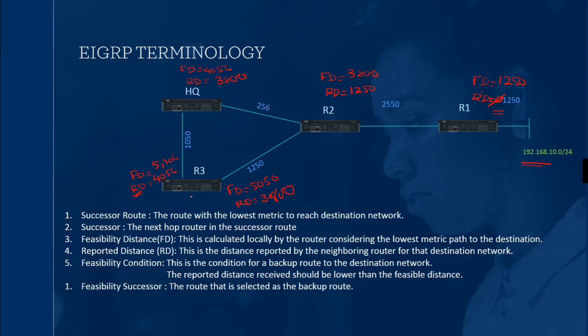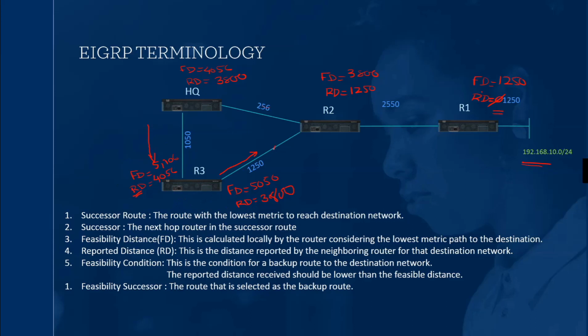So when you do show ip eigrp topology, you will see two routes. One is the successor route, which is the distance going like this, and the other route that this router will have will be coming from here, right?